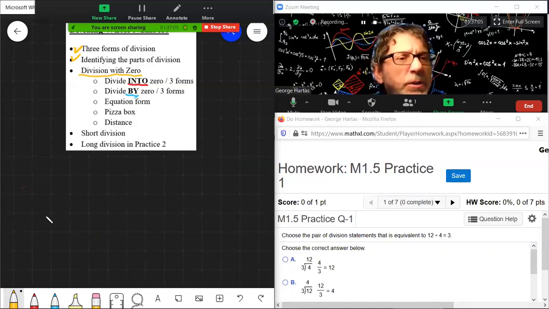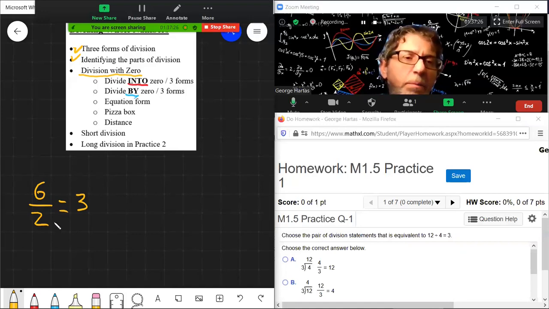All right, so let's give an example here where we have 6 divided by 2 is 3, correct? 6 divided by 2 is 3. And we can check that by multiplying, doing some multiplication.